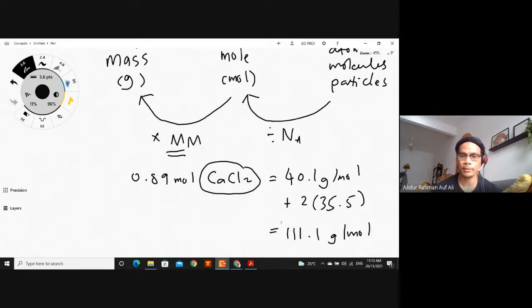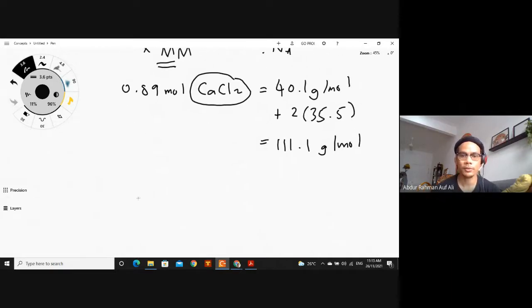So once we have found the molar mass, we multiply it by the number of moles, because to find mass, we need to multiply the number of moles by molar mass. So mass of CaCl2 equals 0.89 mole multiplied by the molar mass 111.1 grams per mol.